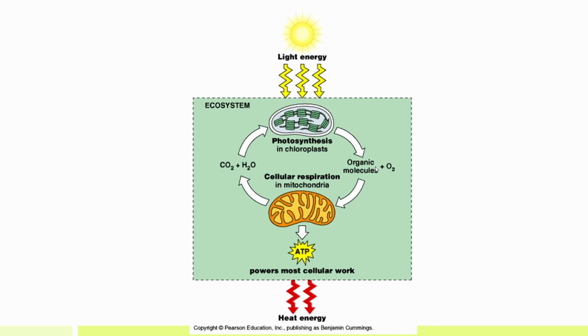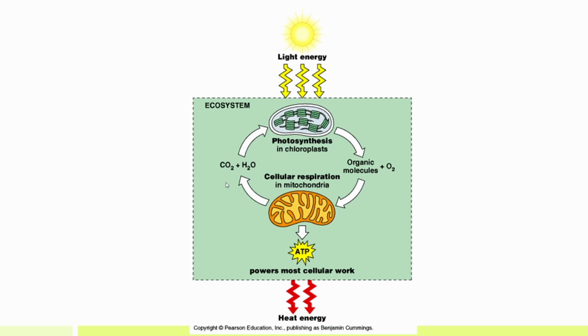We also take these organic molecules and break them down in a process called cellular respiration. And plants can do both photosynthesis and cellular respiration, whereas something like humans can only perform cellular respiration. So something like a human, we have cells that contain organelles called mitochondria. These perform cellular respiration to create ATP, or energy, and the byproducts of this are CO2 and H2O.